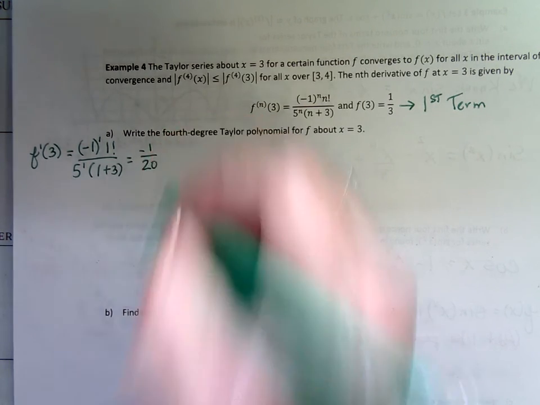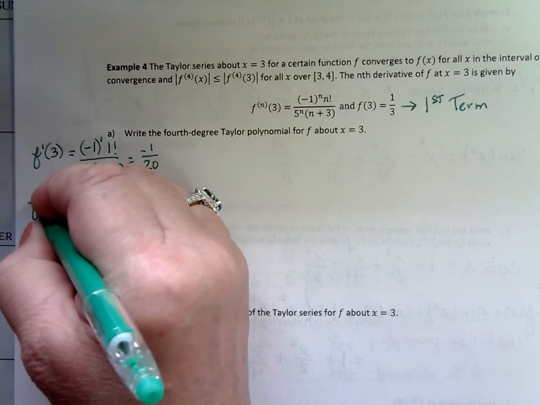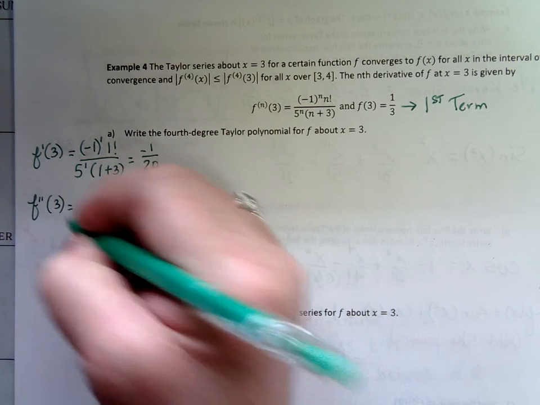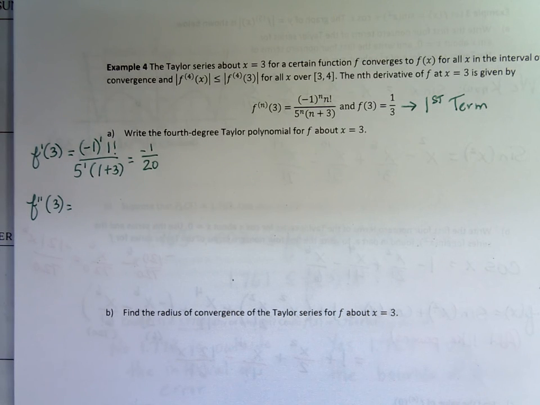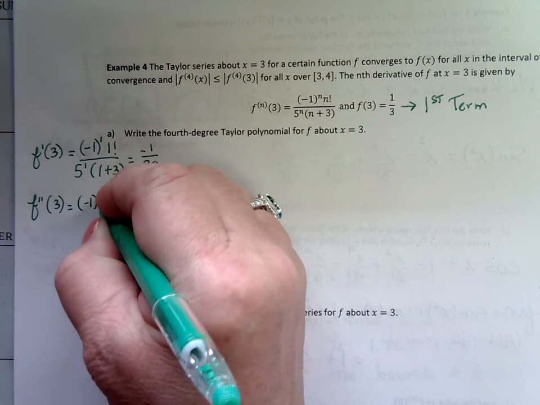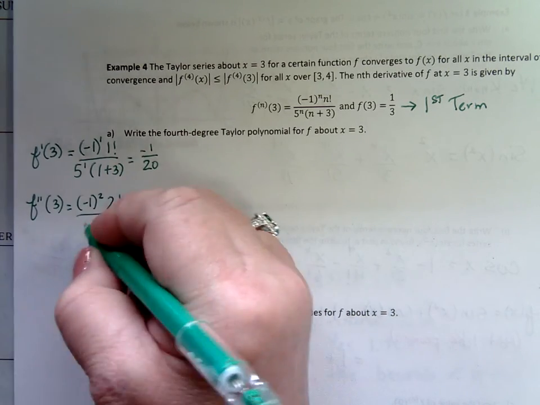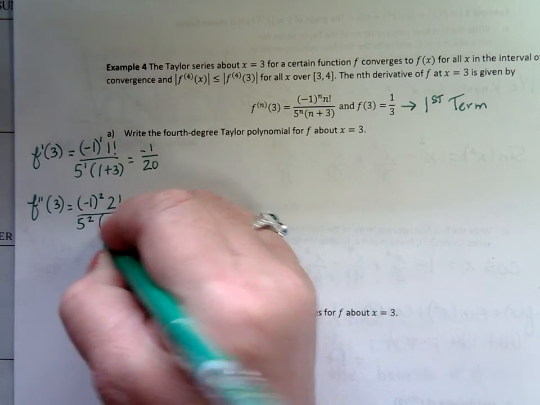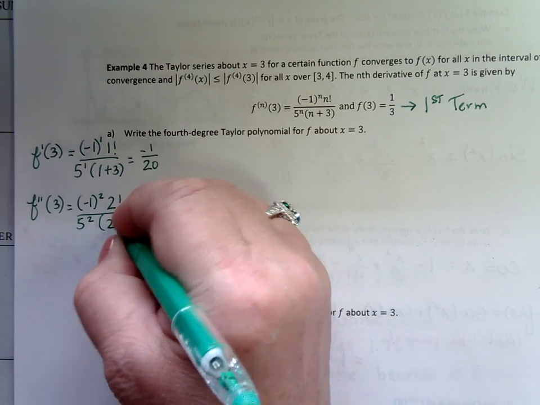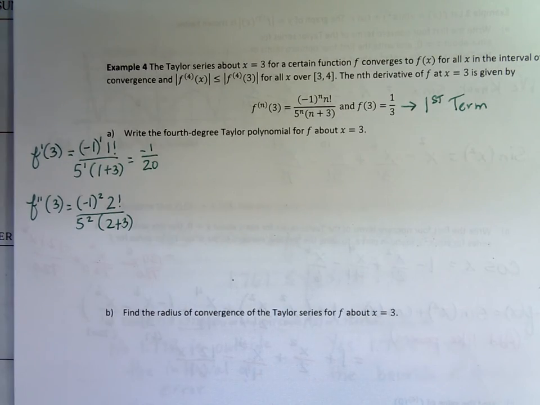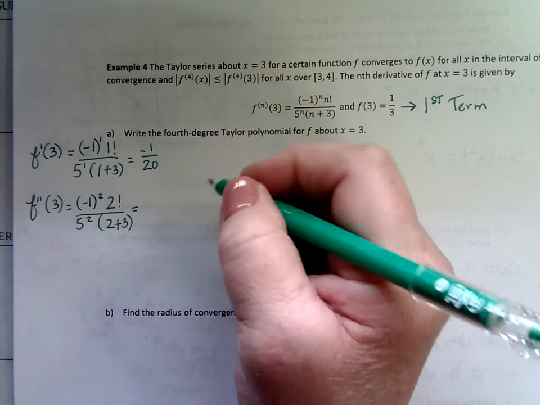Then I'm going for the second derivative. I'm going to do the same exact thing, but now all of my n's become 2. So I have negative 1 to the second, I have a 2 factorial, I have a 5 to the second, and I have a 2 plus 3. Well, generate that, and that comes out to equal 2 over 125.